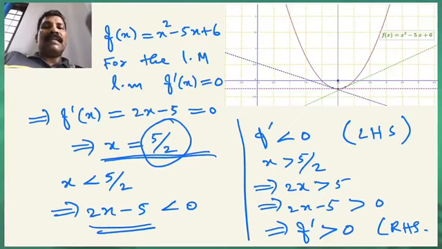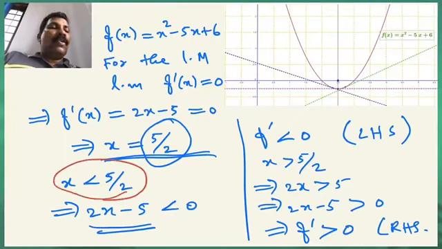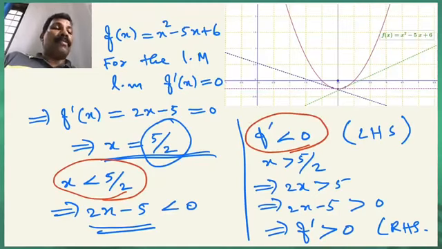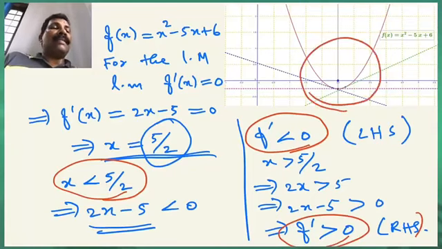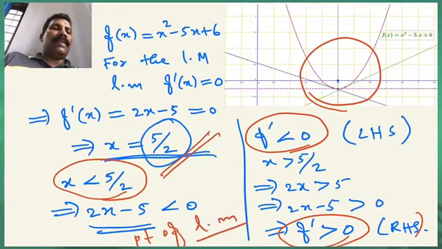When x is less than 5 by 2, that is the left hand side, the tangent is having negative slope. And for the right hand side, the derivative is positive, which means the tangent is having positive slope. So clearly, as the graph indicates, x equal to 2.5, that is 5 by 2, is a point of local minimum.